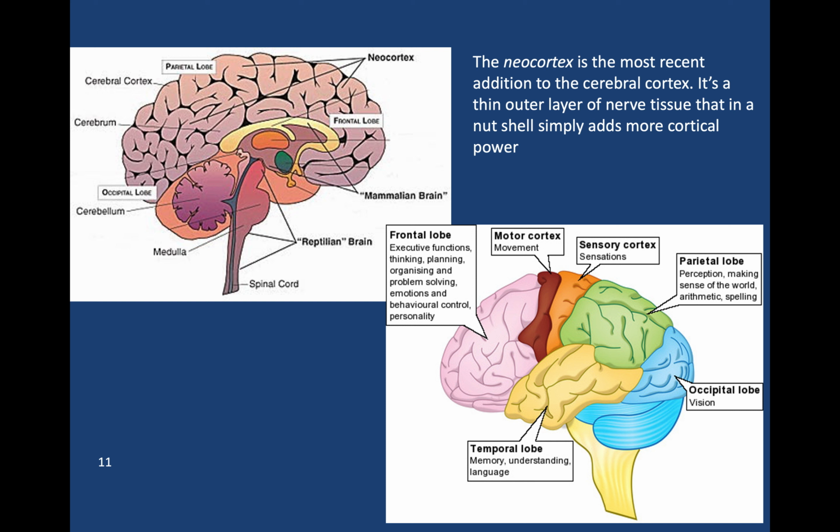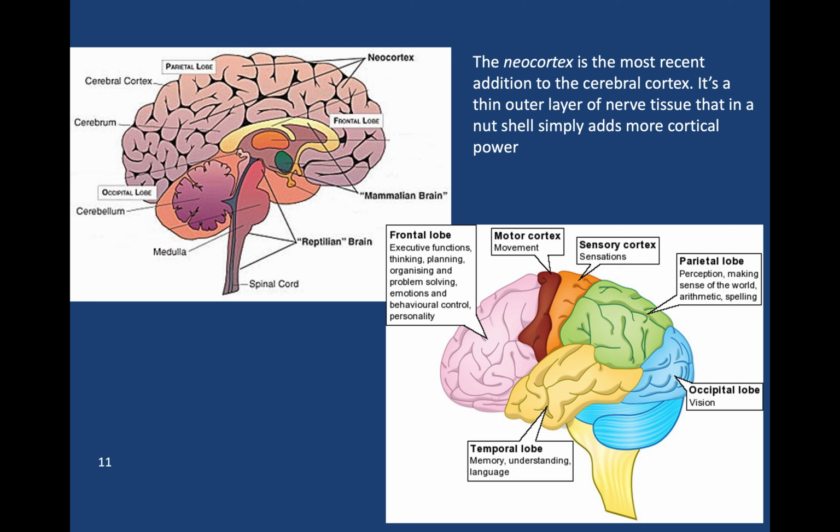Now, the text that you read introduces the concept of the neocortex, okay, new cortex, which really just speaks to another layer of cortical tissue added to the overall cerebral cortex itself, which allows for that much more brain capacity and brain power, more neurons dedicated to the functions of the human brain, which involves all the things that you see here on this graph in terms of the various lobes and the abilities that we have that far surpass other animals.